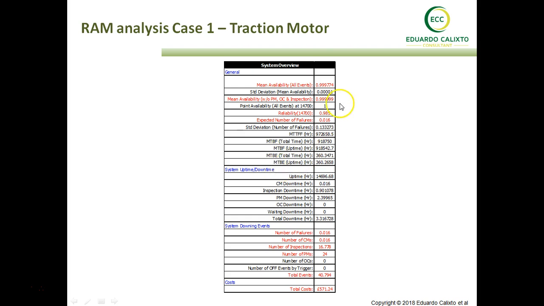And then we have other indexes here. The mean time between failure, mean time between events, mean time to the first failure. As we already discussed before, that's not a good index. As long as I have reliability, expected number of failures, and operation availability, it's not necessary to use this mean time between failure.